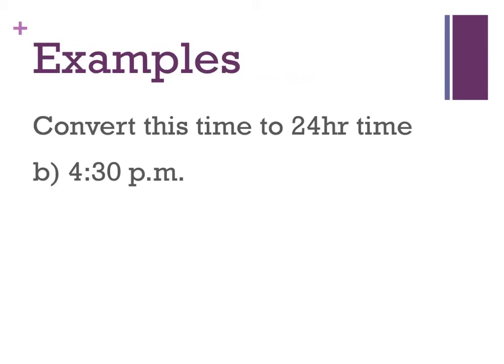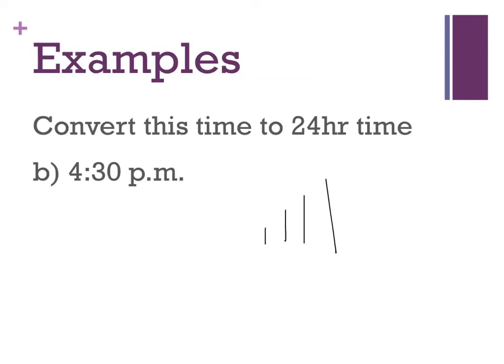Now the other thing I might be required to do is convert time into the different systems, either 24-hour or AM and PM. So let's have a look at this. 4:30 PM. I have to ask myself, how many hours after midday is 4:30 PM? The time is PM, so I know once I get to midday that it's 12. I need to know how many more hours. It's 4.5 hours after midday. So that's going to be 12, 13, 14, 15, 16.